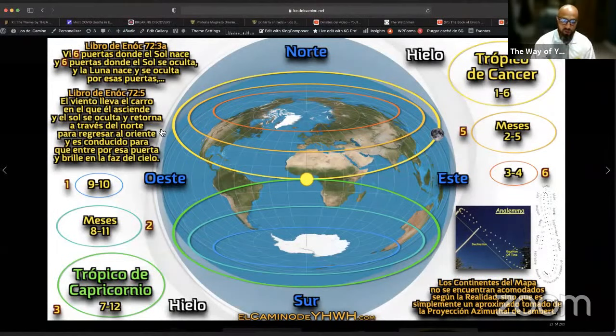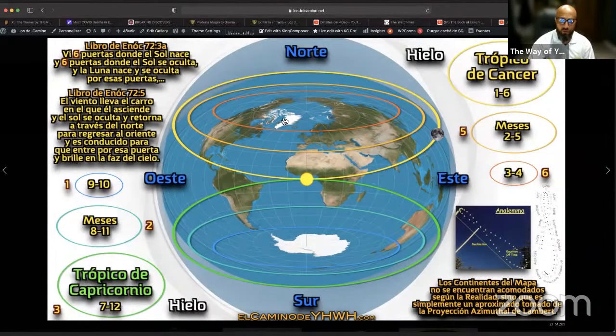And let's say it's going around and around and around this way on the north. So imagine a bunch of constellations there, while other constellations here. And I'm not only talking about the 12 where the sun goes through, I'm talking about all the constellations that there are in the firmament.